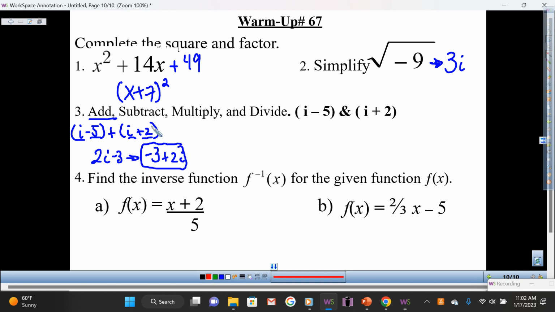Let's go to subtraction. i minus 5 minus, parentheses, i plus 2. See if they remember what to do with this negative here when it's subtraction, please.